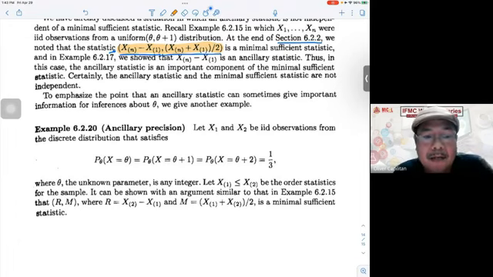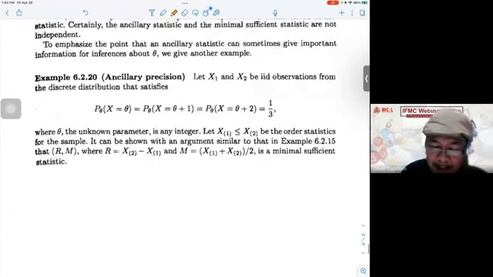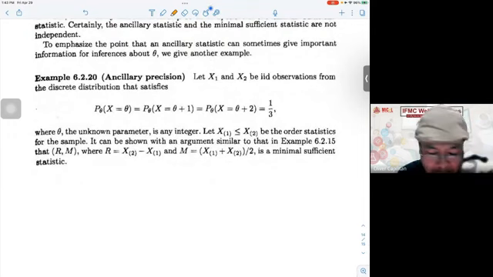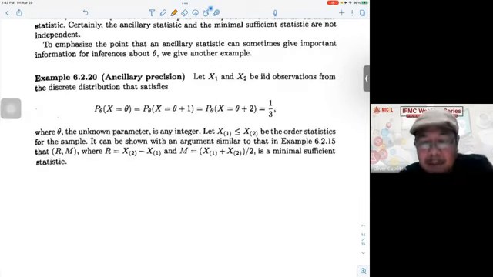we give another example. Let X sub 1, X sub 2 be IID observations from the discrete distribution that satisfies: the probability that X equals theta, given the parameter theta, is equal to the probability that X is equal to theta plus 1 given theta, which is equal to the probability that X is equal to theta plus 2 given theta, and this is equal to 1/3.